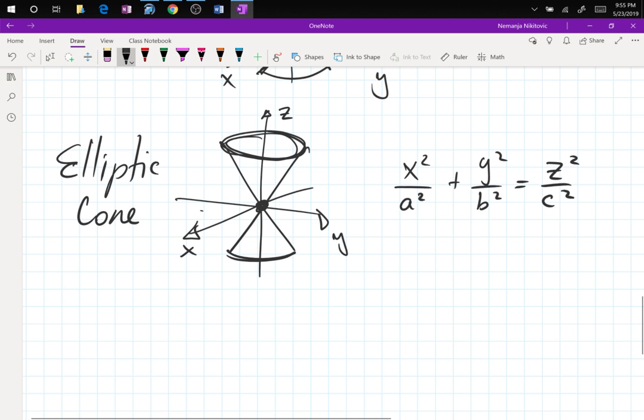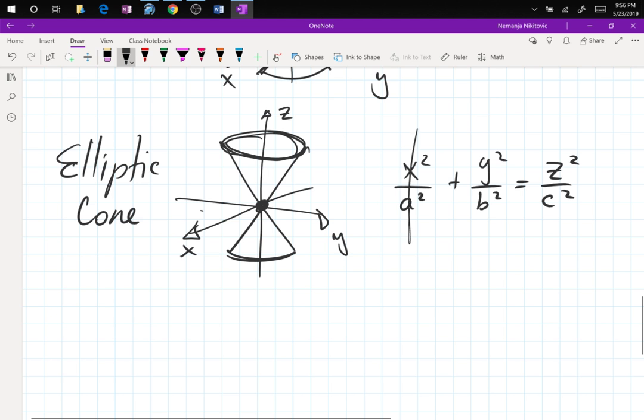If z is 0, then x and y must be 0 because they're both squared and they're always positive, so there's no way to subtract them into 0. So the only way to get this point is if z is 0, then x and y must be 0, and that's what you get for the point. So for z, you either get a circle or ellipse or you get a 0, 0, 0 point at the origin.